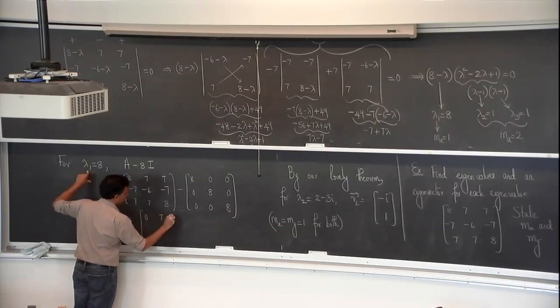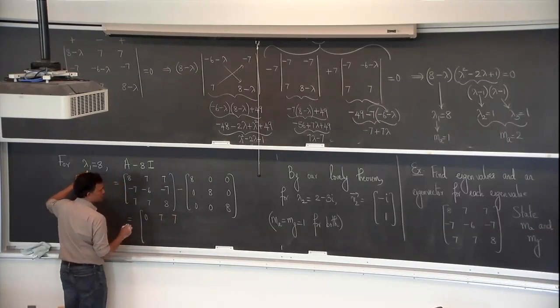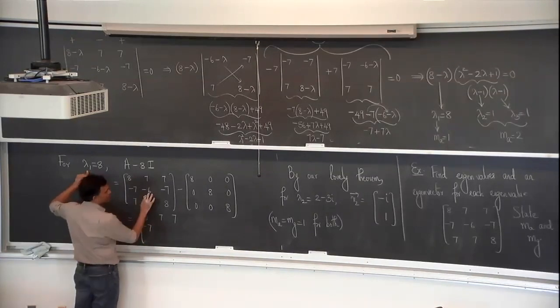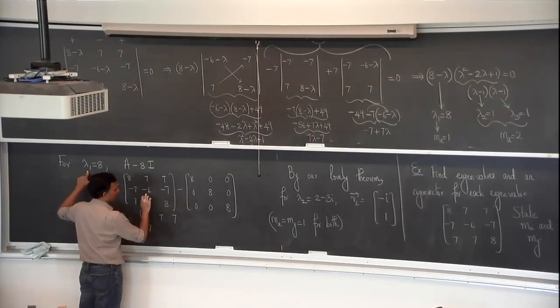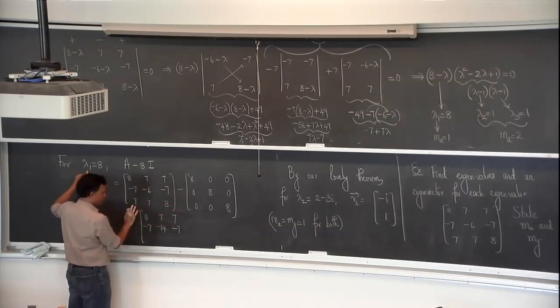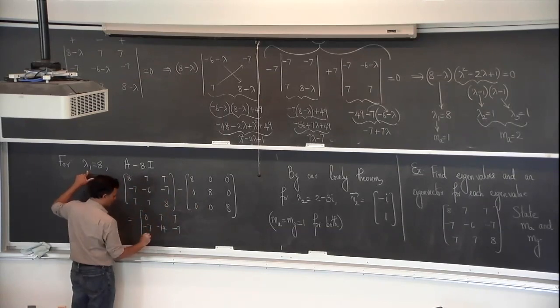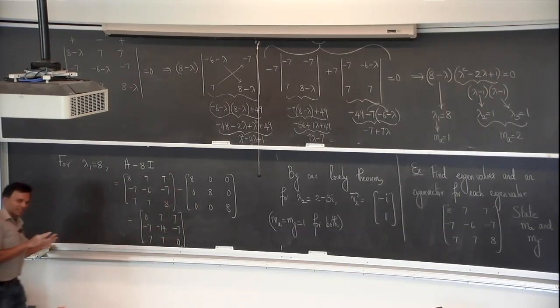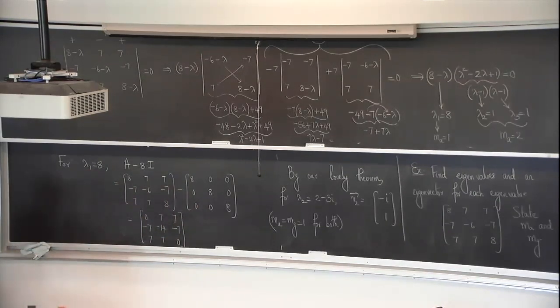So 0, 7, 7, -7, -7. I was about to say 2. No, it's -7, -14, -7, -6 minus 8, and you have 7, 7, 0. It's 2 times. I was about to say the wrong thing and I corrected myself.